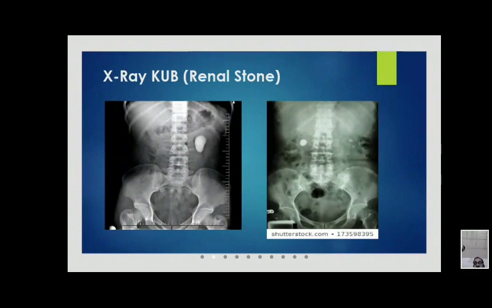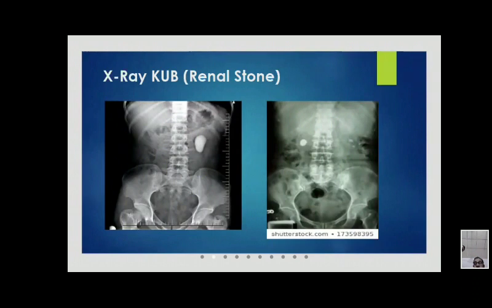Alpha blockers are used as smooth muscle relaxants. There is smooth muscle in the bladder neck area, so there is relaxation of smooth muscle and a free flow of urine. This is basically for a small stone close to the vesicoureteric junction.